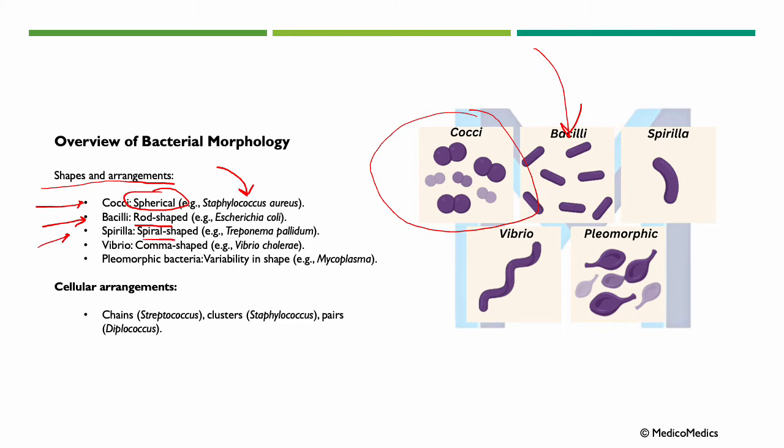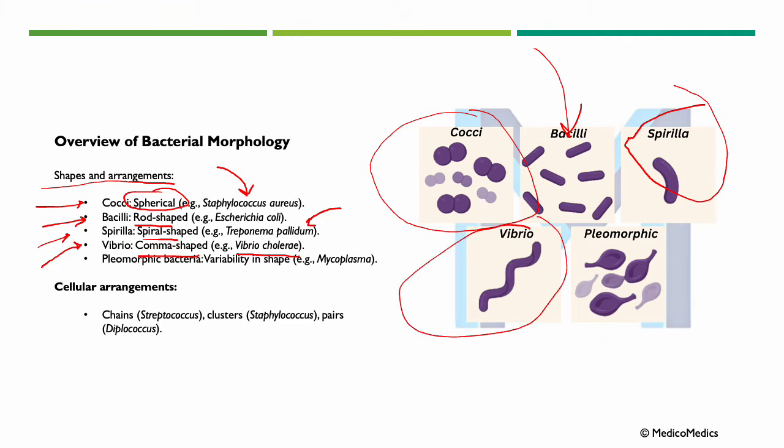These are spiral-shaped, like Treponema pallidum, seen here. And Treponema pallidum, if you didn't know, is the one causing syphilis. Then we have Vibrio. This is comma-shaped and causes cholera. It looks like that. Then we have pleomorphic bacteria, and these have a variability in shape, for example, Mycoplasma.